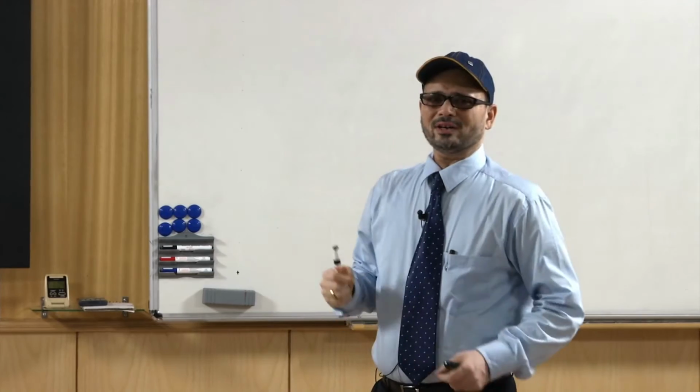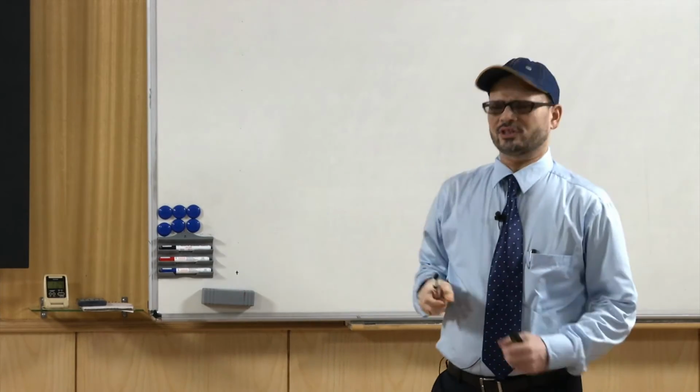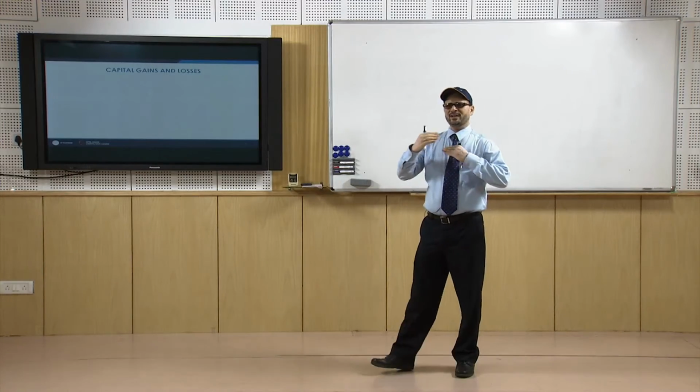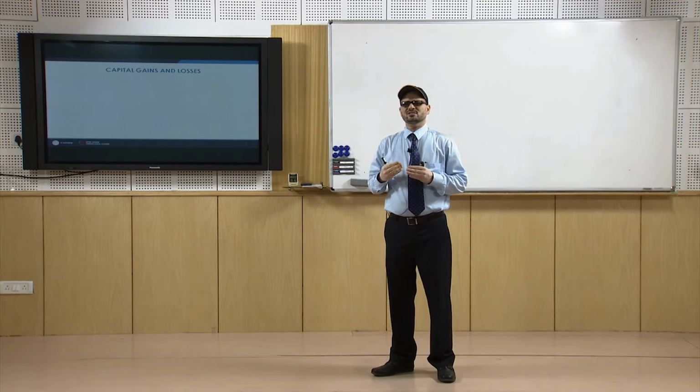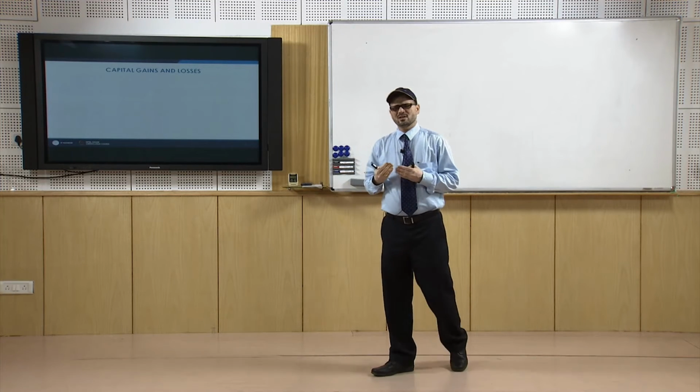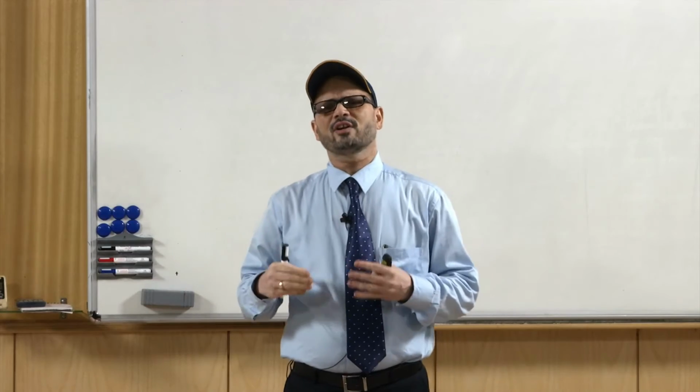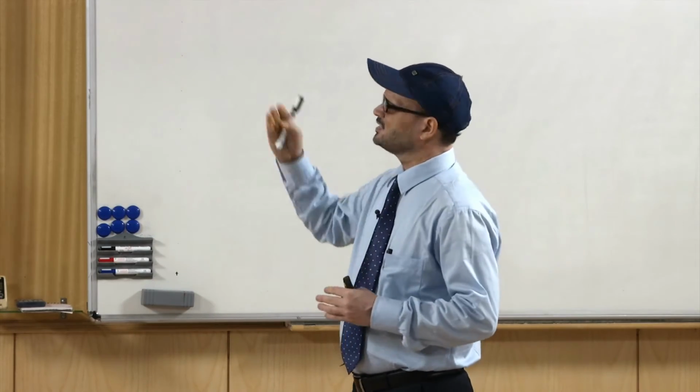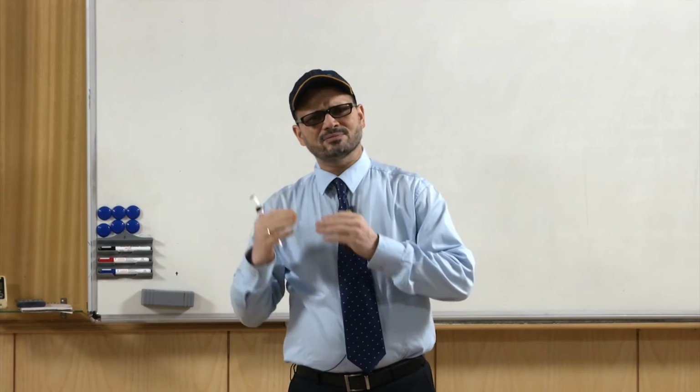Now, next is capital gains and losses. So, what do we mean by capital gains and losses? Basically, we purchase different types of assets for the functioning of the organization. Now, these assets have certain lives.